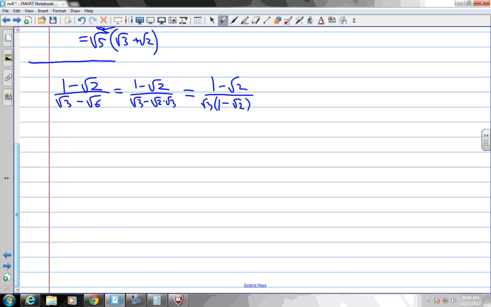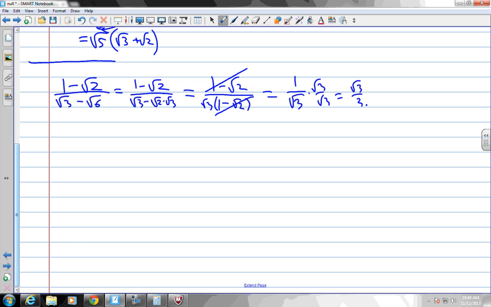So what do you notice? Yeah, you can cancel the entire 1 minus square root of 2, leaves you with 1 over square root of 3. You still have to rationalize that, but that's a whole lot easier. You just multiply it by root 3 over root 3, so it's root 3 over 3. It doesn't work every time.